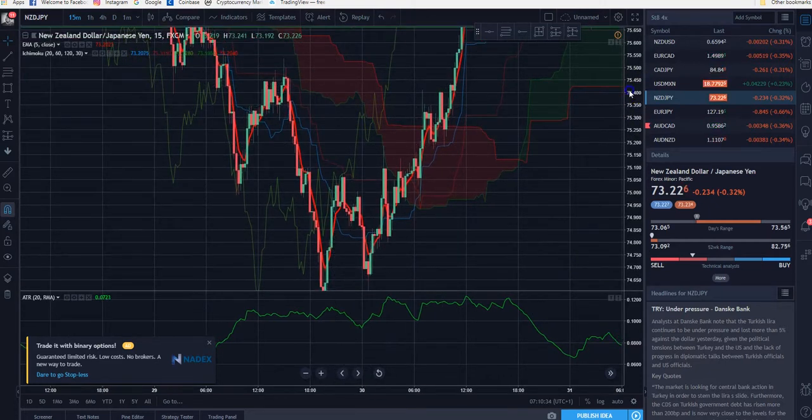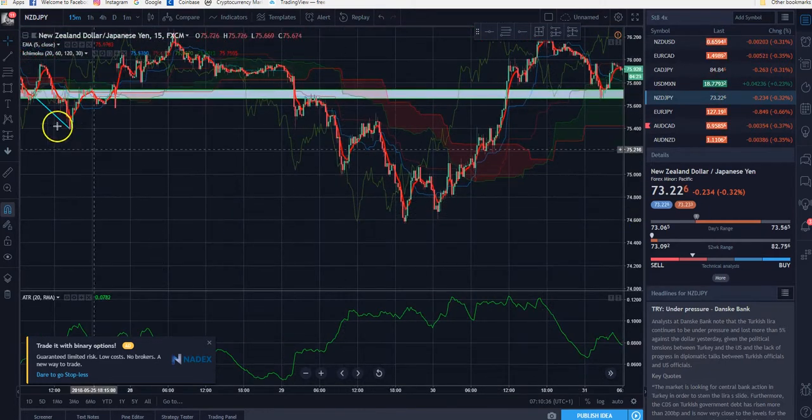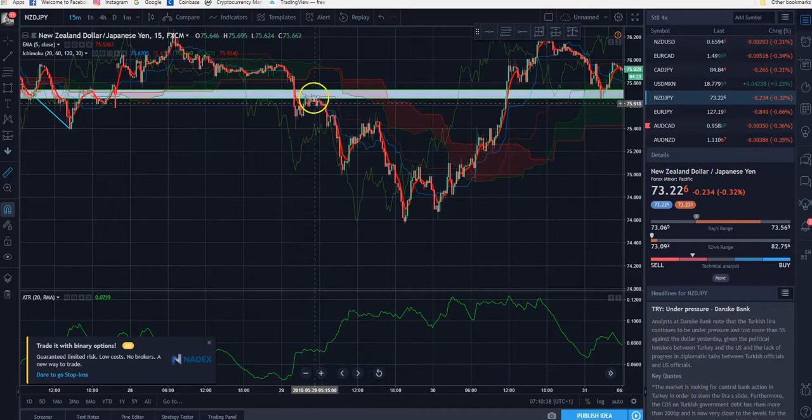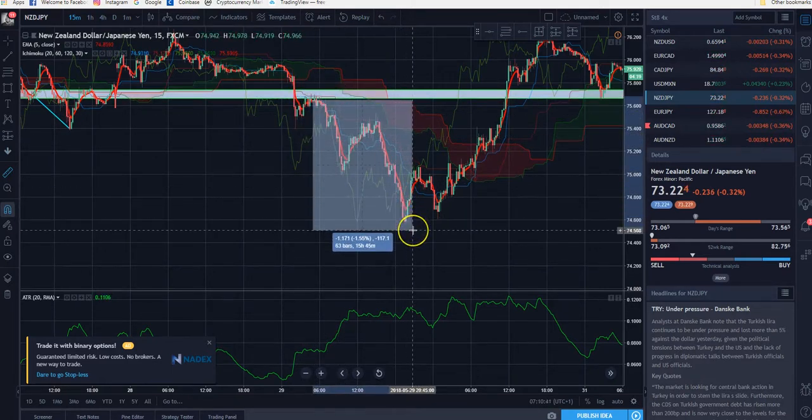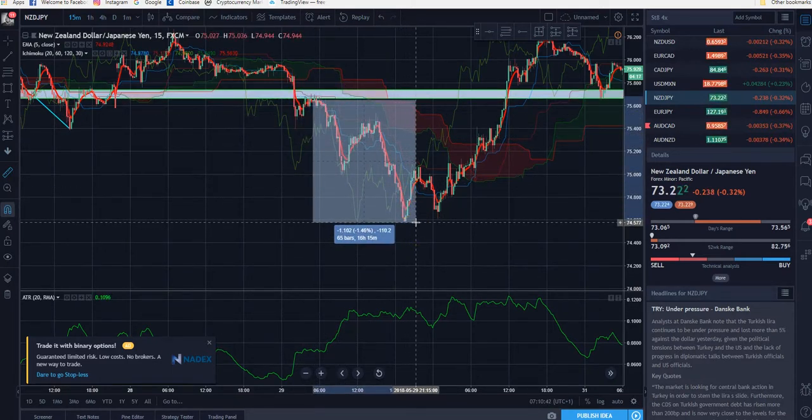And that drop gave out 110 pips in what was that, 16-hour period. So yeah, a little bit less than a day. Dropped a whole 100 pips. So not bad at all.